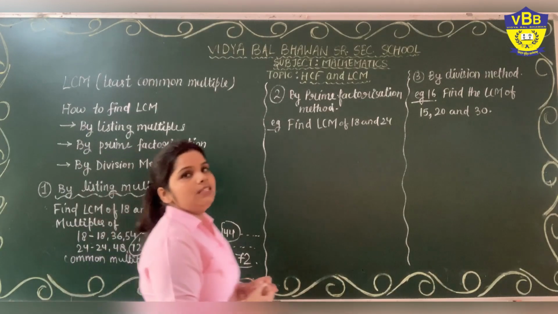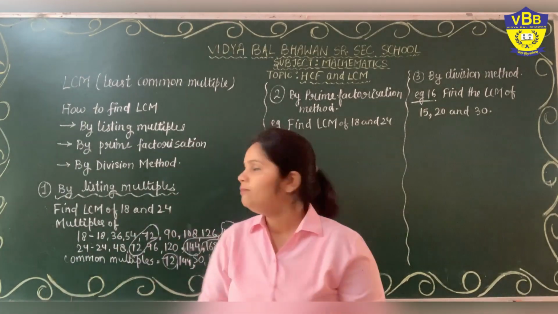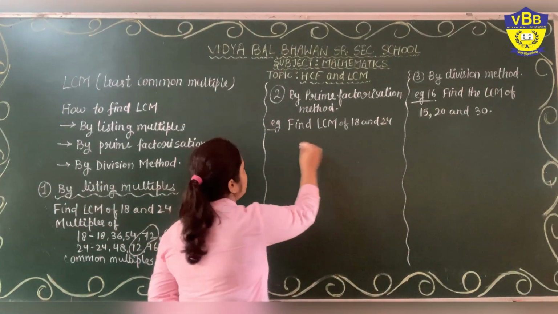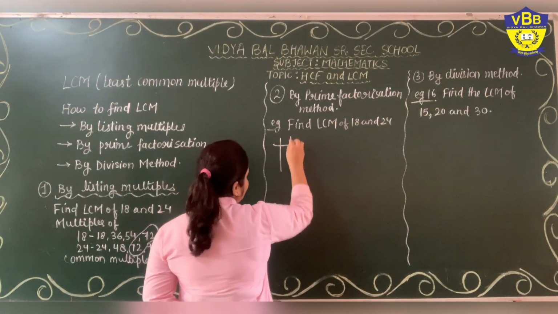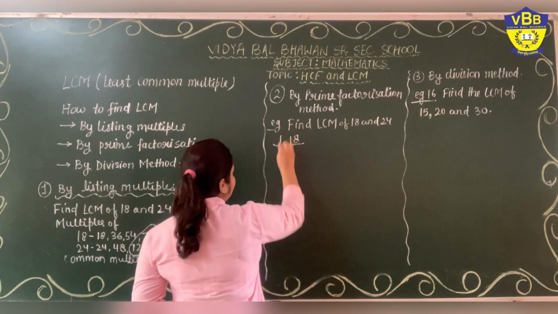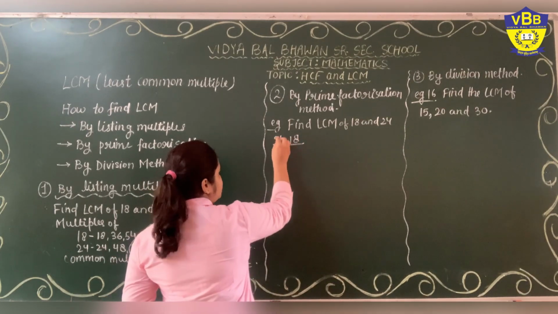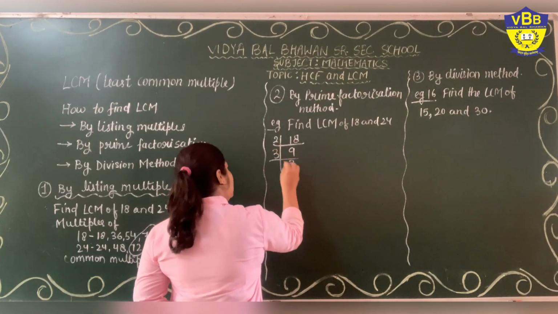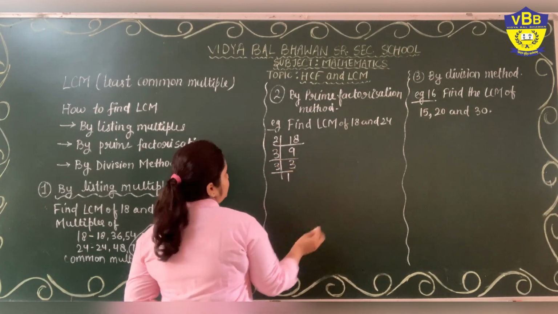The second method is prime factorization. You need to do the prime factorization here also, just like in HCF. 18: 2 9s are 18, 3 3s are 9, 3 1s are 3.